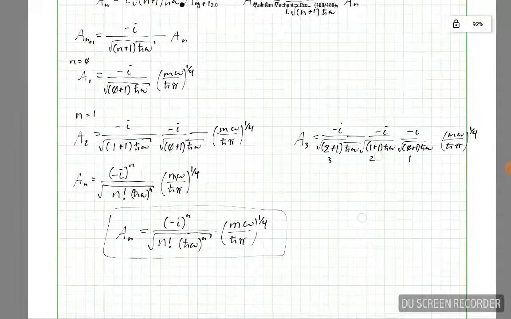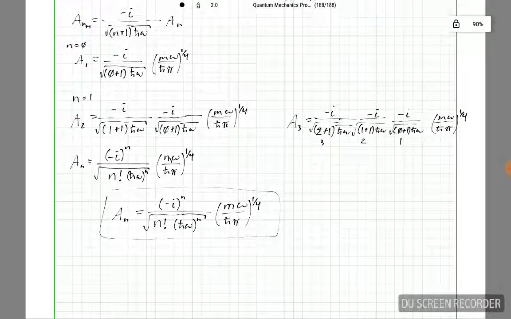And now we can find our normalization constant. And we can find out that it changes by this factor here times each a naught. So every time we go up in energy level, our normalization constant isn't evenly spaced.